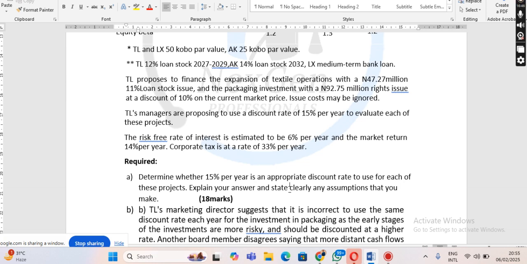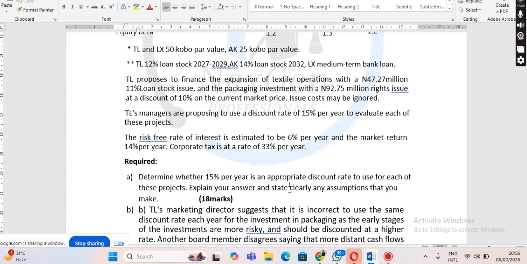Why? Because the 15% does not include the risk of the packaging industry. Don't forget that we equally stated some assumptions in our previous class. You can list your assumptions, then you do your calculation just like the way we did it, and you earn your 18 marks, right?